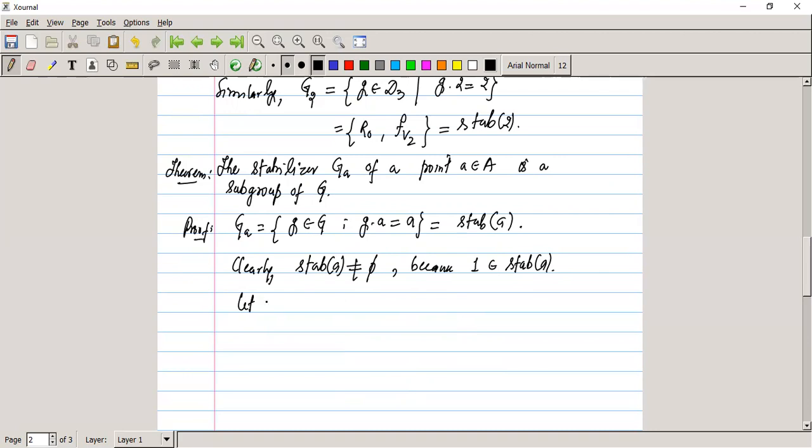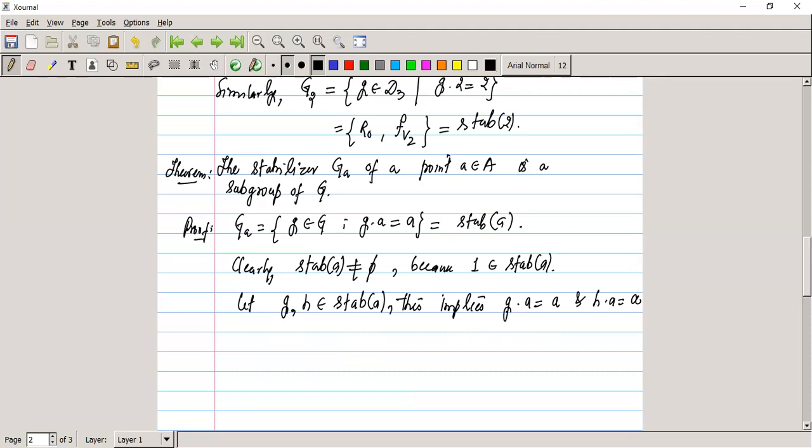Now let g, h belong to the stabilizer of A. So this implies g·a is equal to a and h·a is equal to a. Now here in both of these cases, g is an element from the group G, and h is also an element from the group.